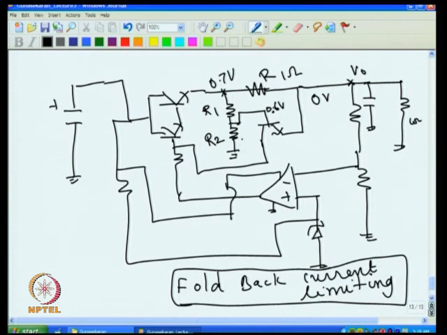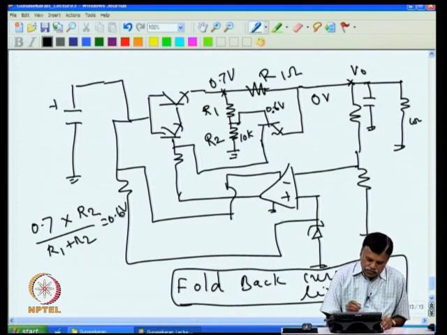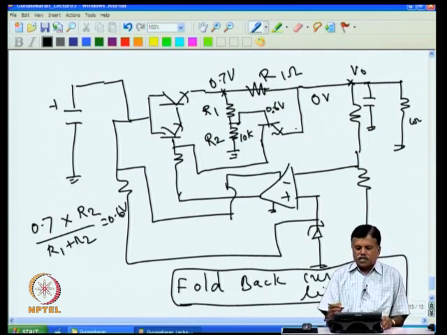For example, if I put 10K here, to get 0.7, what is the resistance value of R1 required? So 0.7 into R2 divided by R1 plus R2 is supposed to be 0.6 volt, because I wanted the current limiting to take place at 0.7 when short circuit occurs.